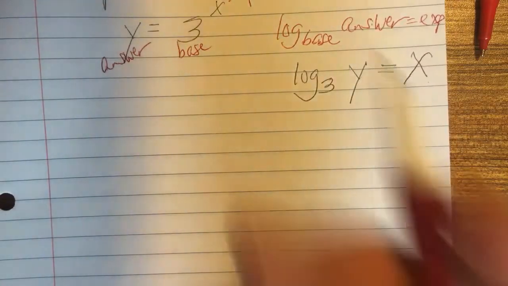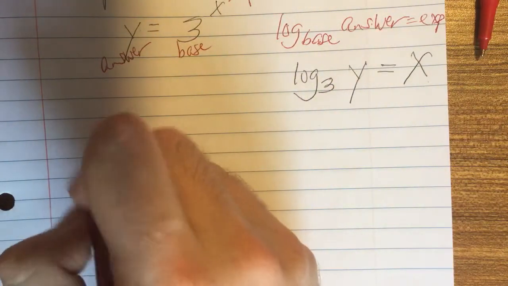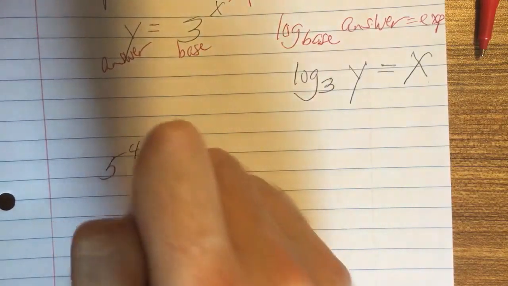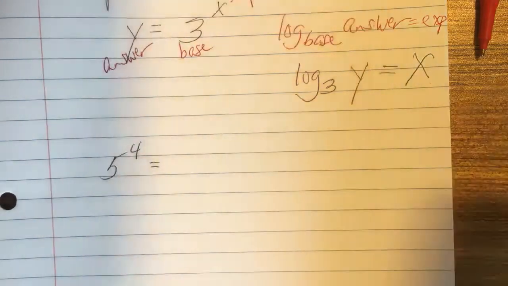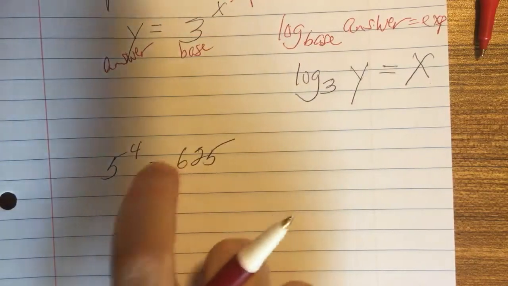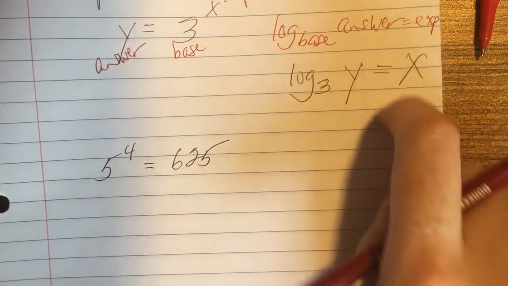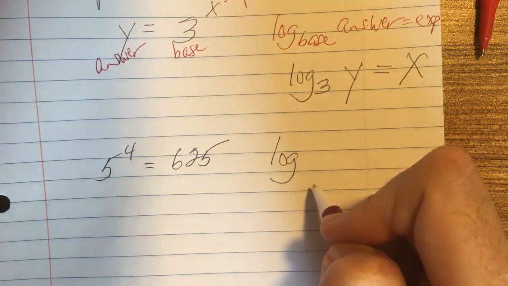And we could look at a case with less variables, such as if we were looking at the exponent form 5 to the 4th power, which we could find on our calculator to be 625. That's an exponent form. I could express this same relationship in a log form using that setup by beginning by putting the abbreviation for logarithm, which is log.